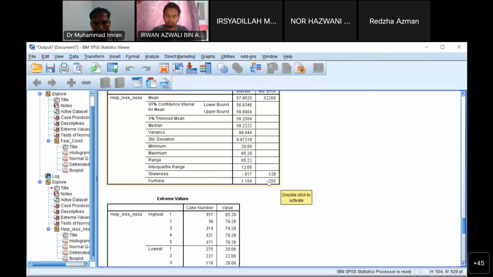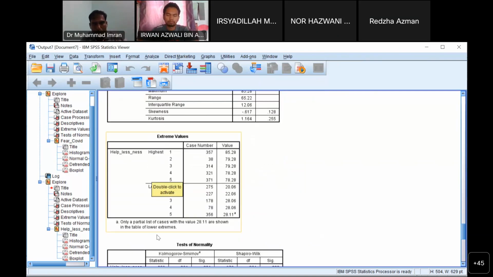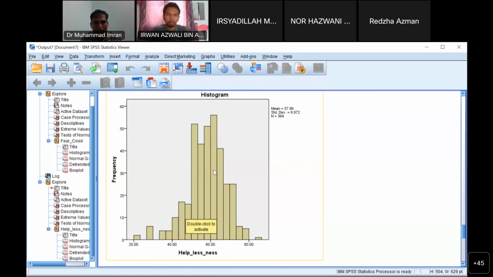My dear student, we already calculated them, and now you also can calculate from here. This value first, skewness is, okay, how? 0.617 divided by 0.128. Yeah, more than 4. Let's see what the QQ plot is representing.